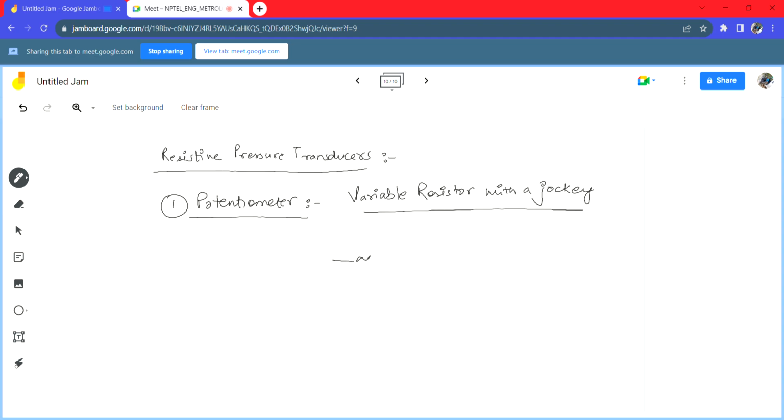So this basically is a fixed resistance, and I have a jockey that can slide onto this part of the resistance. Now when it slides, it changes the length that it covers, and with the change in length L, the resistance changes with the same formula R equals rho L upon A. Lower the length, lower the resistance, higher the length, higher the resistance.